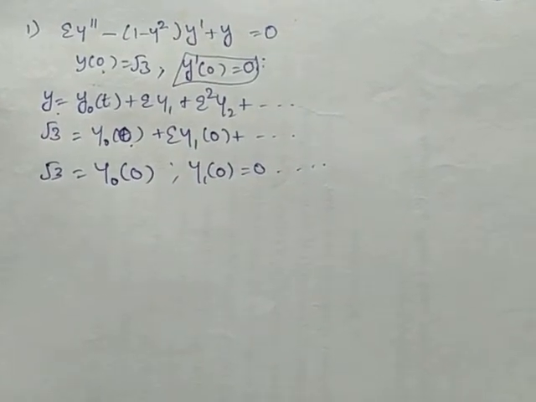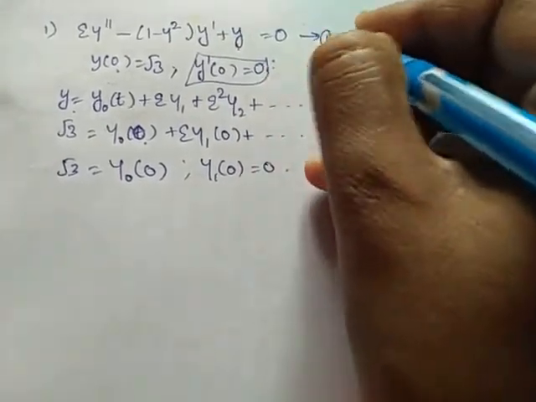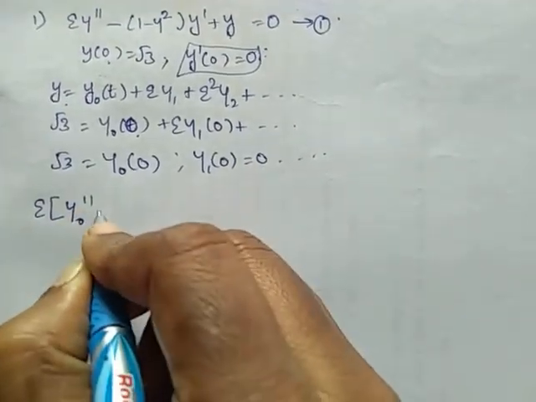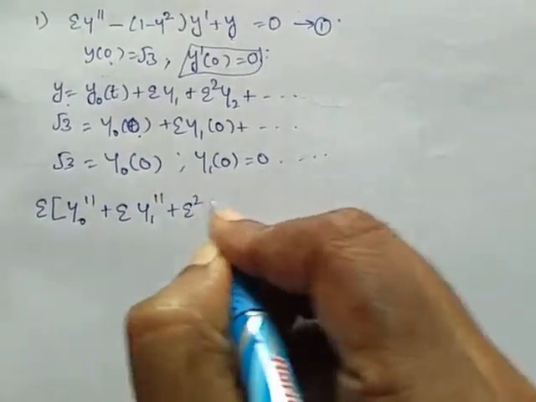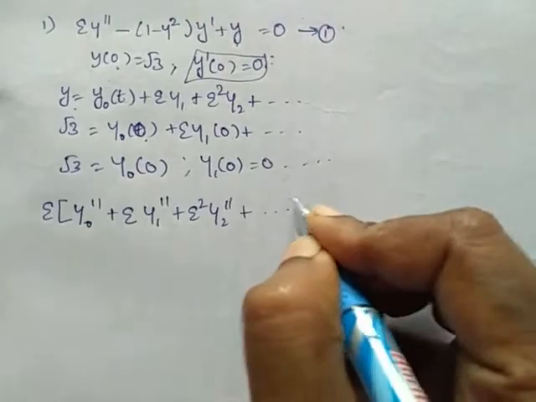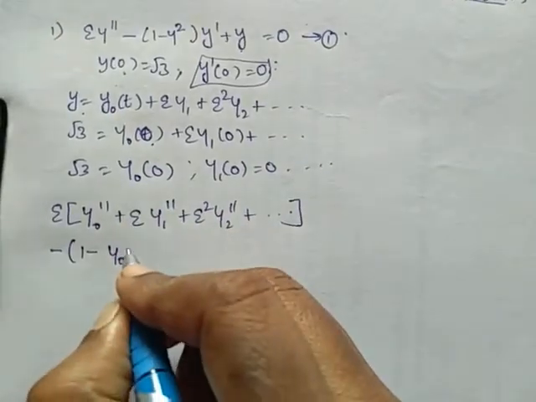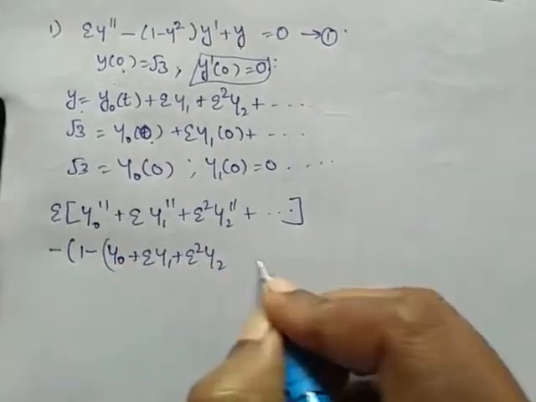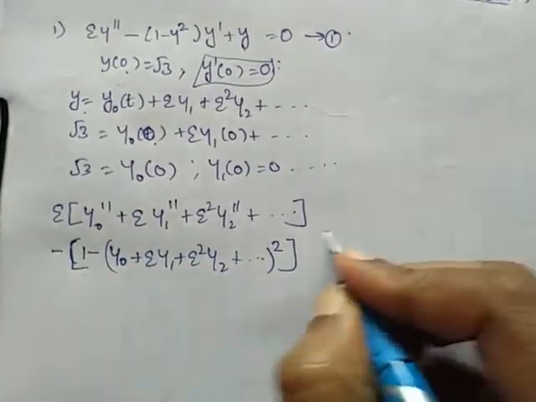Now we have to substitute y dash and y double dash in equation 1. So we will get epsilon into y naught double dash plus epsilon y1 double dash plus epsilon square y2 double dash, etc. minus 1 minus y square, where y is y naught plus epsilon y1 plus epsilon square y2, etc., whole square multiplied with y dash.